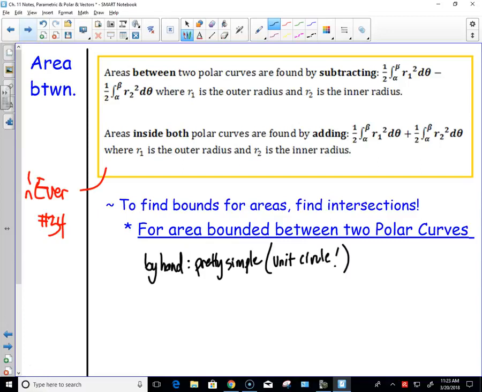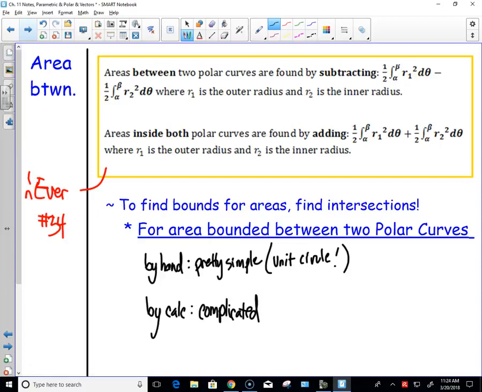You still should probably consider each of the different curves and what it looks like, and we'll try to show why that's important and why that's helpful. But by hand, it's pretty simple. Here's the struggle. By calculator, it's actually pretty complicated.